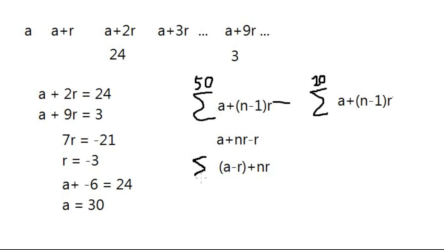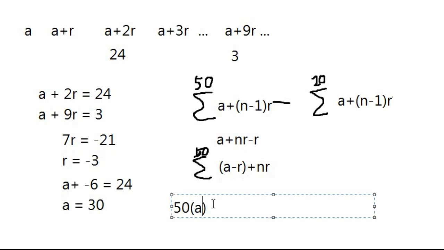So you have a sigma of 50 right here, and something that you can do for an addition of a sequence is that if it has nothing to do with n, then it doesn't change every single time. So you actually added 50 a minus r terms together, so it can be written outside of the sigma sign as 50 times a minus r.